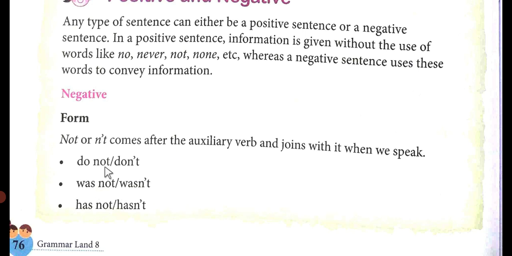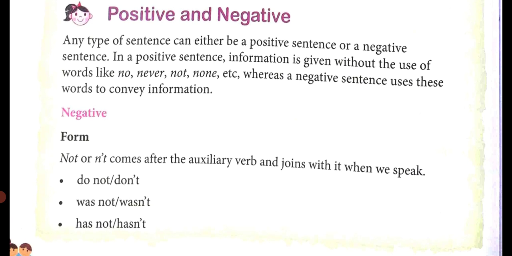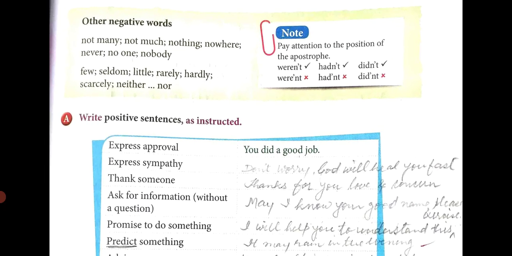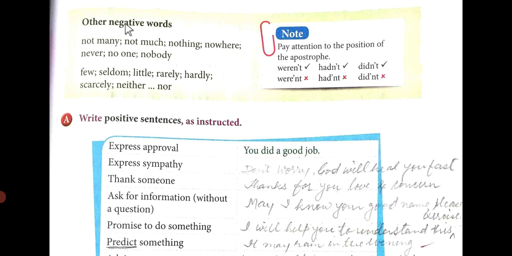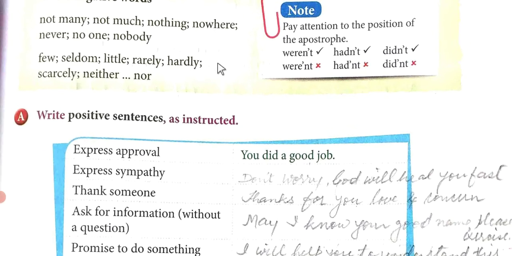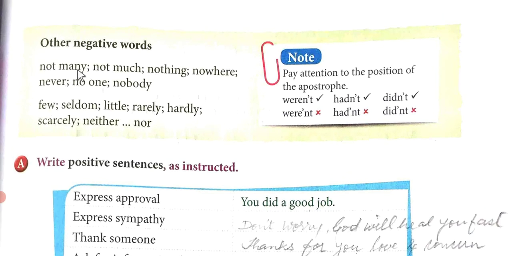So let's see other negative words. Please pay attention. Other negative words, here it has been written clearly. Not many, not much, nothing, no way, never, no one, nobody.